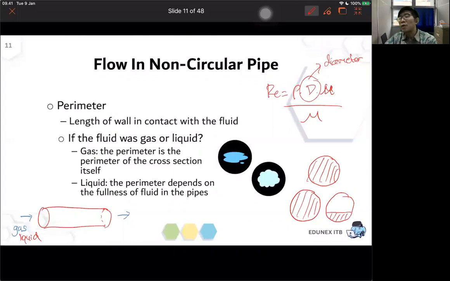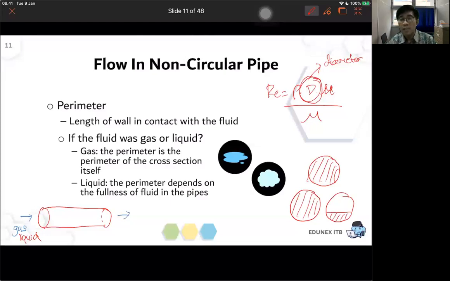Okay, so if you have fluid that is not fully filling the cross section of the pipe, then you need to be careful when putting the value of the diameter in the Reynolds number, because actually this diameter will be influenced by this phenomenon. So there are some differences in how to calculate diameters when liquid is flowing through the pipe.